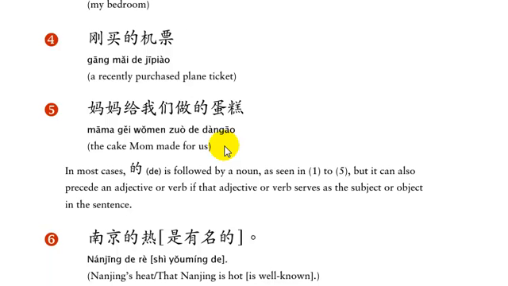I bought yesterday the phone is broken. 我昨天买的手机坏了. 坏了 is broken. So you may want to study these and try making your own sentences.